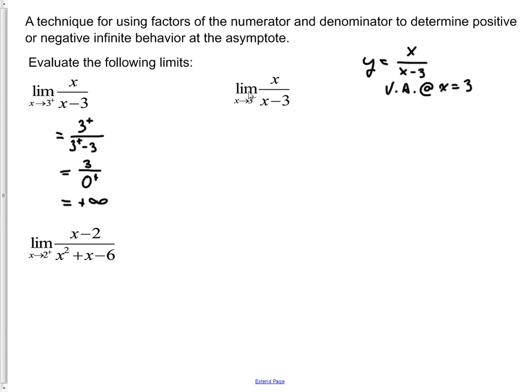Let's compare that to the limit as x approaches 3 from the left of x over x minus 3. Again, making these substitutions, I'm going to put in some number approaching 3 from the left, divided by some number approaching 3 from the left minus 3. Don't be fooled by this negative symbol up here, right? This is still positive 3 in the numerator, regardless of how it looks with that negative symbol.